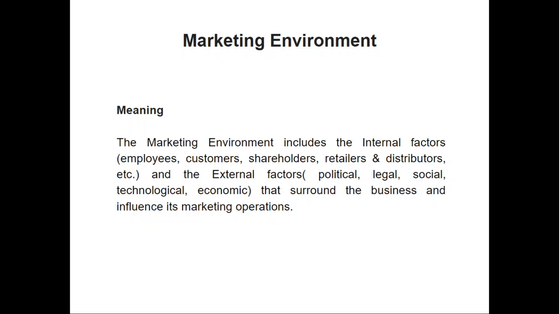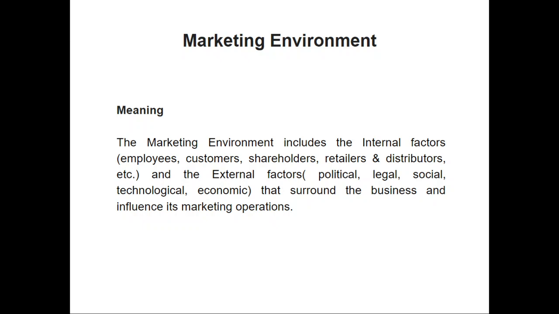But how does the company have to identify whether these kind of factors exist and what is their level of impact? How does the company get to know, because the company is focusing so much on its business?